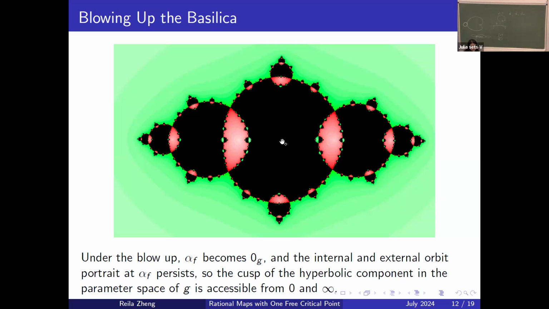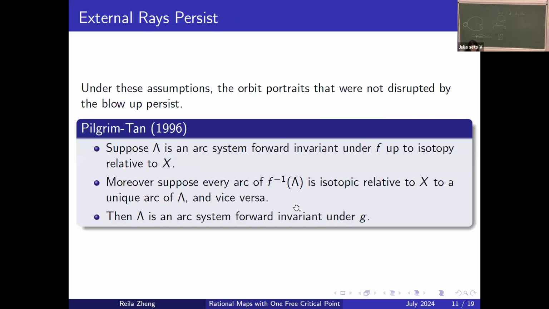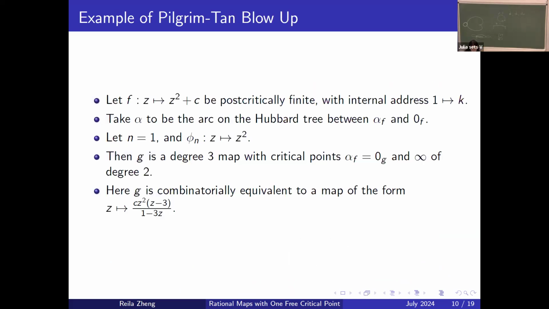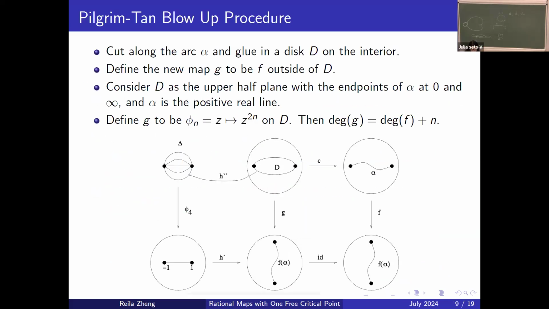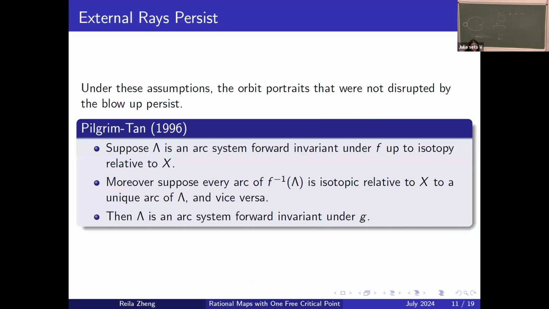So under this blow up, you get something that's equivalent to a map in this family. And moreover, you can have external rays of your original map, and under some conditions, the external rays persist.